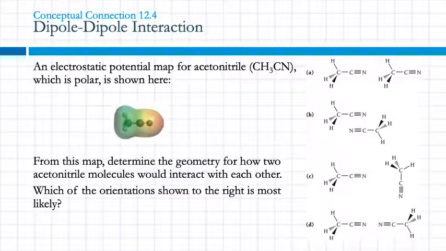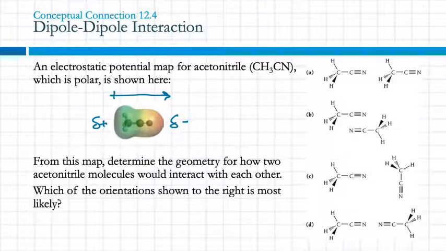Here we've got an electrostatic potential map for acetonitrile, CH3CN, which is polar, and they're saying this is what it looks like. So this is the nitrogen, and that's a carbon with 3 hydrogens on it. So here we've got the partial negative end, and there's the partial positive end, or we could represent it with the arrow.